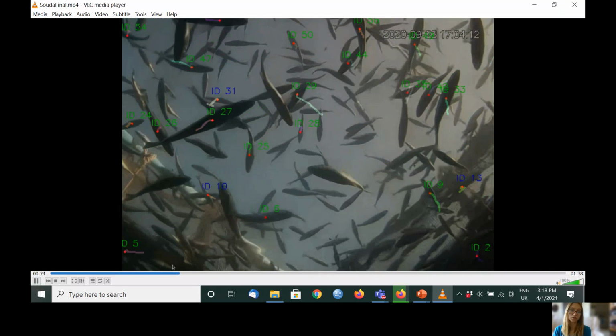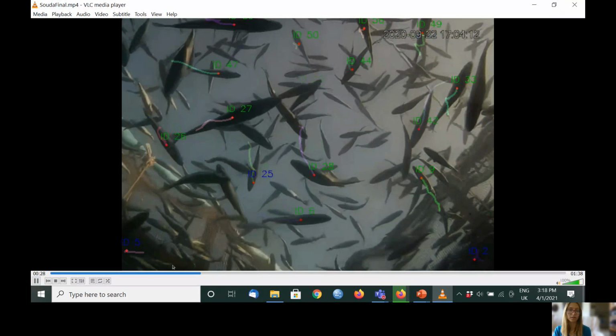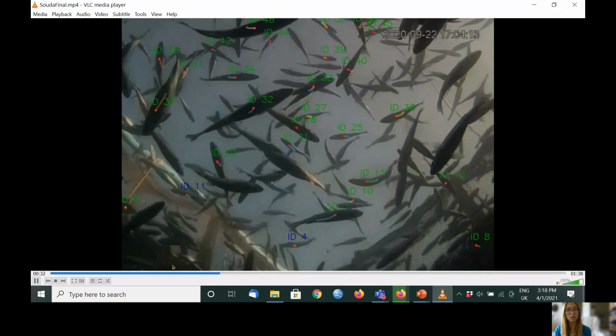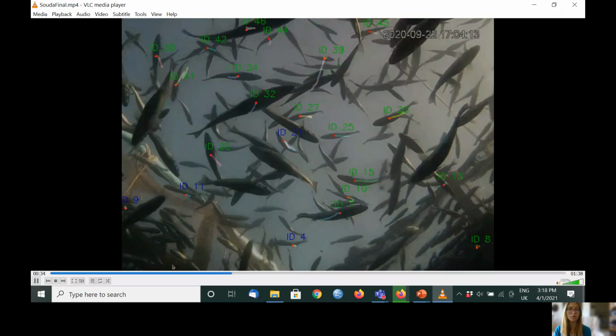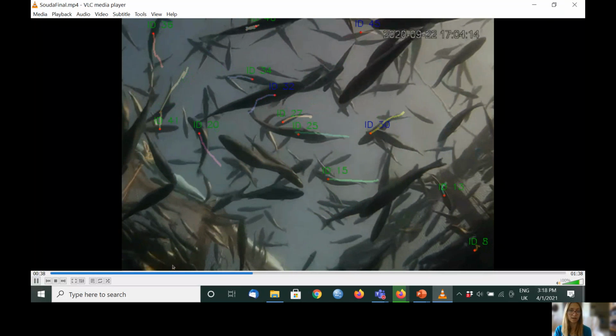This is a short tracking, for a few frames, and as you can see, the algorithm is working fairly well for a case where the fish are not very densely packed.